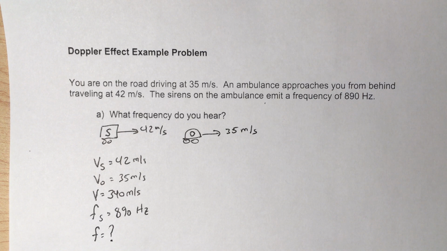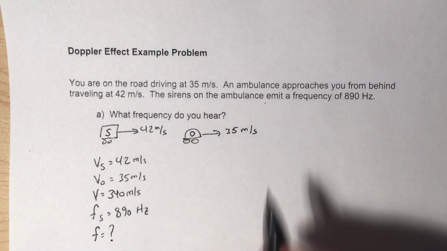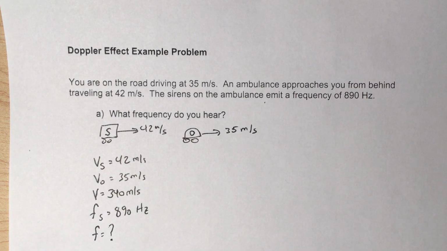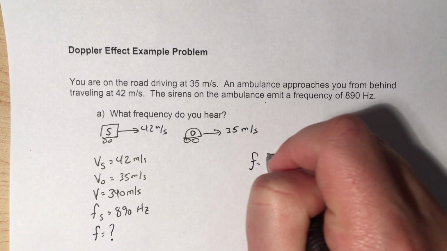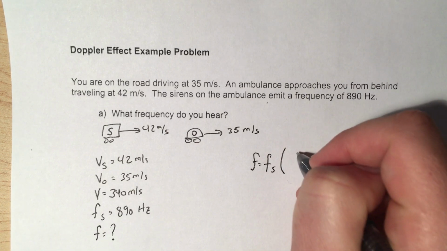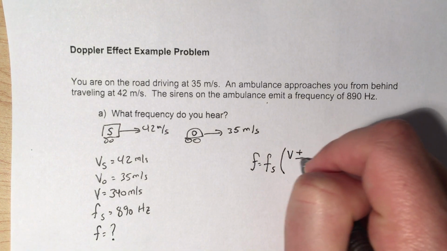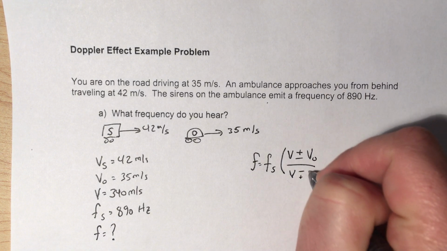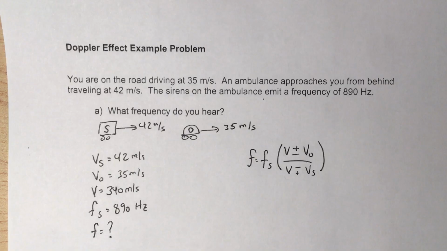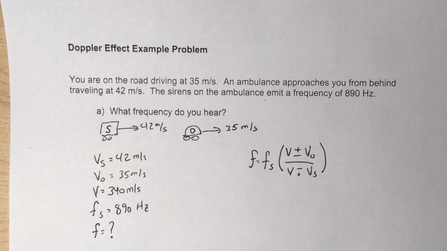Now, doing these problems is just a little bit different because of those pluses and minuses. So I'm going to write out that equation that was on a couple slides ago. Frequency equals frequency of the source times the quantity V plus minus velocity of the observer, over V minus plus velocity of the source.